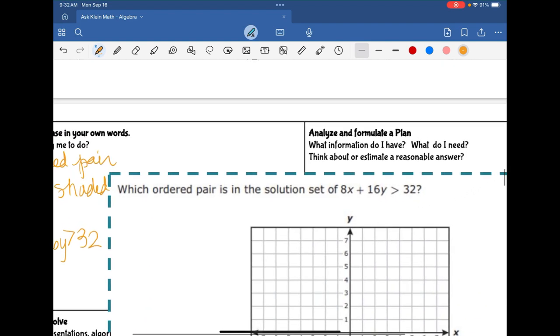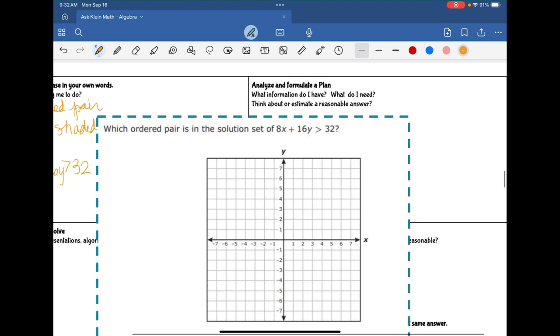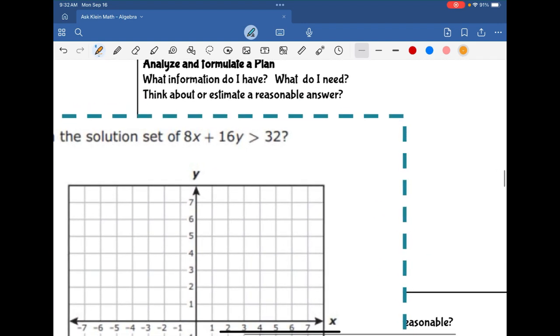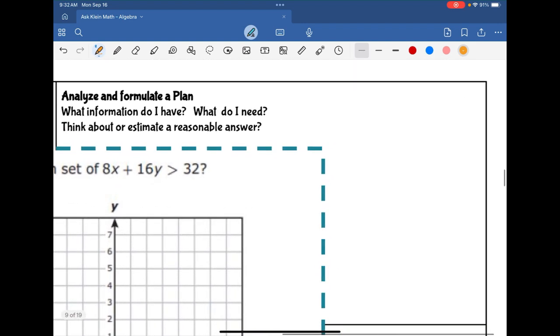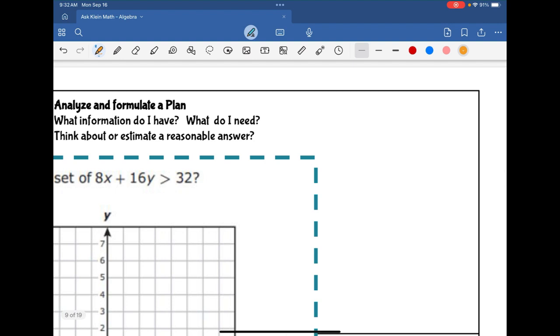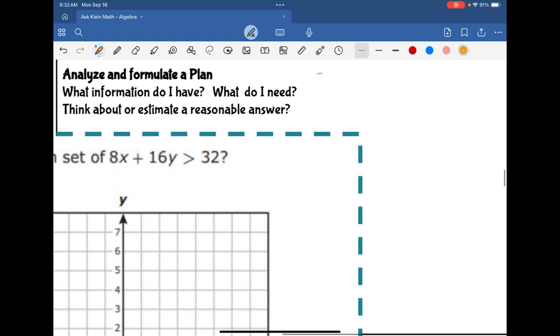All right, now let's think about analyzing and formulating a plan about what information I have and what I'm looking for. The information I have is the equation 8x plus 16y. I know that that graph is a line, so I'm going to have to graph the line.